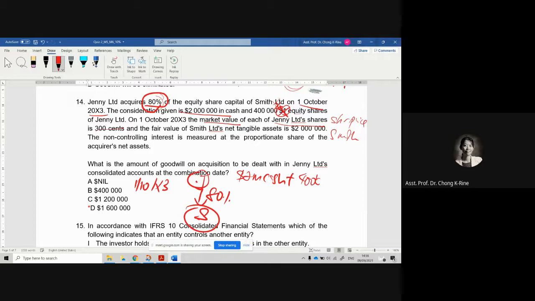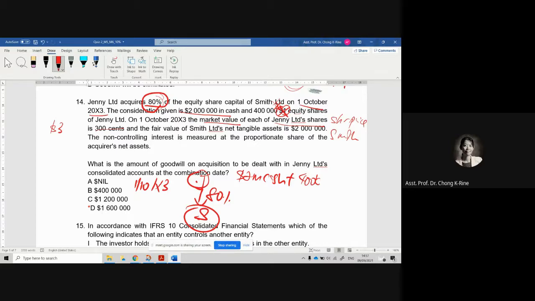Jenny issued its shares to buy the subsidiary share. Of course, you have to look at the share price of Jenny, not the subsidiary in this case. So 300 cents is $3.